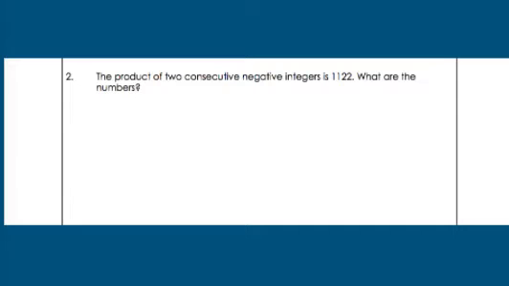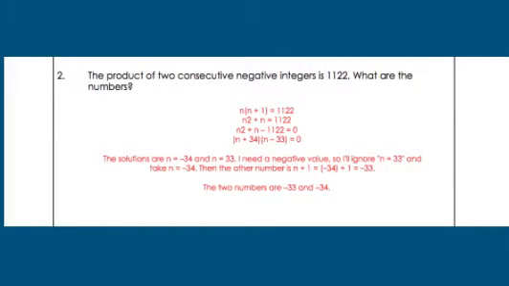Multiplying to get this product, I get n times the parentheses n plus 1 parentheses equals 1,122. Then you have n squared plus n equals 1,122.